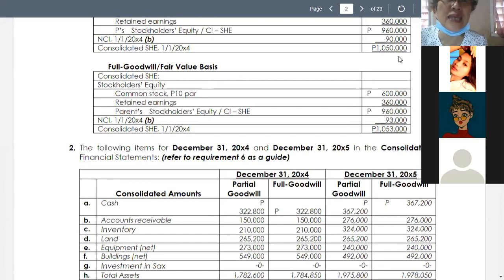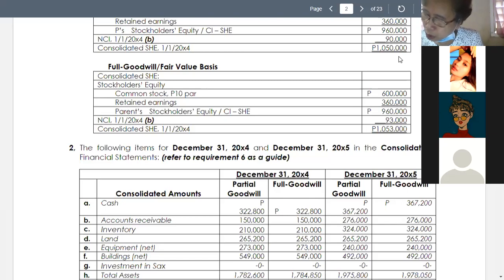That's the NCI's shareholders equity. So the consolidated shareholders' equity is 1,053,000. Okay, so we are through with the requirements in number 1.